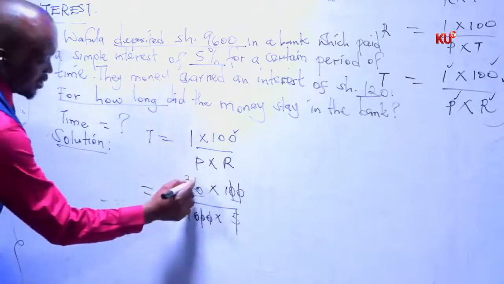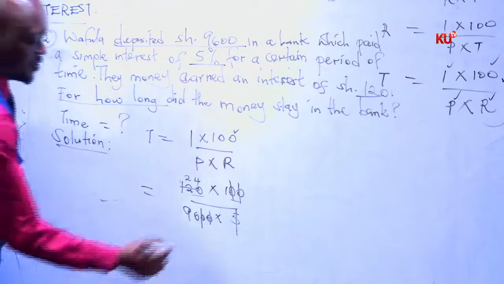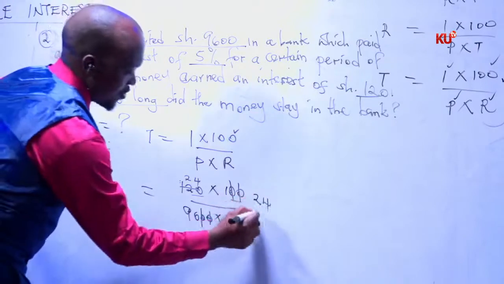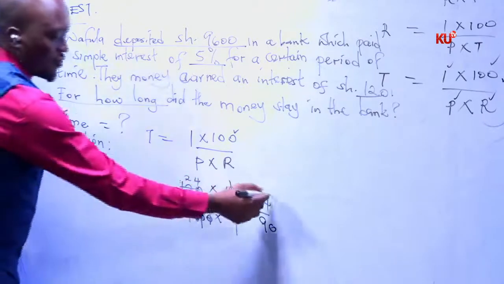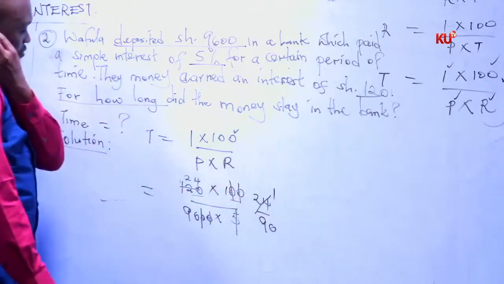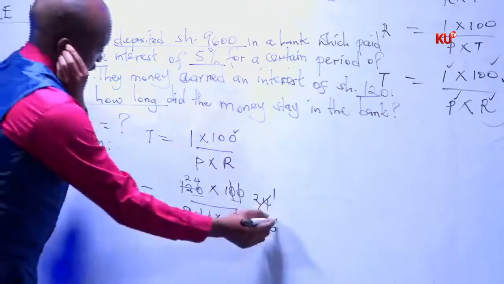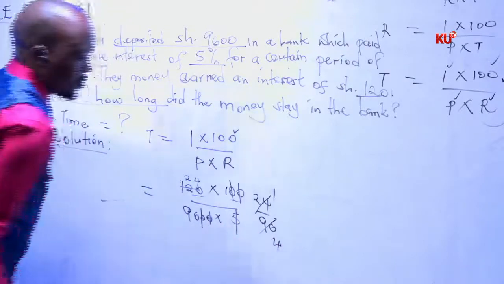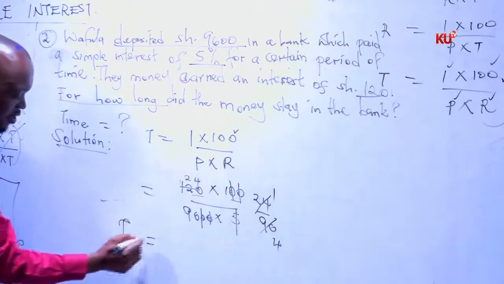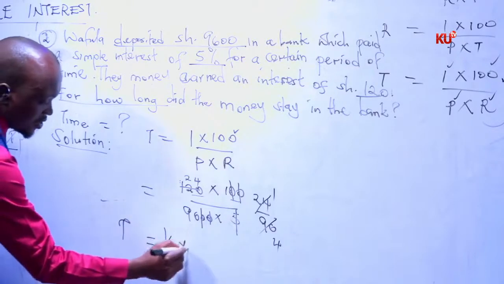It goes here 4 times. So we shall have 24 over 96. You simplify this one. I know by class 7 you know that 24 can go here 4 times. 24 times 4 is 96. So our answer, the time, is 1 over 4 years.